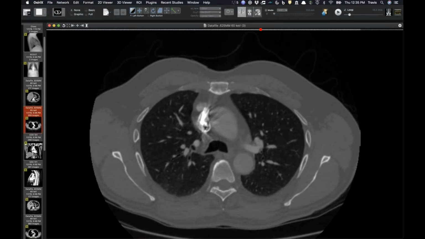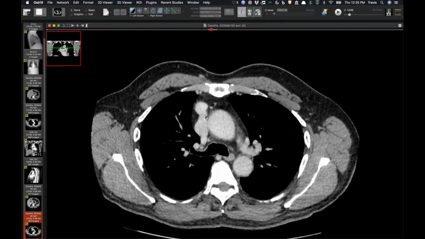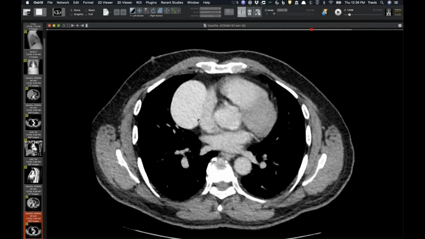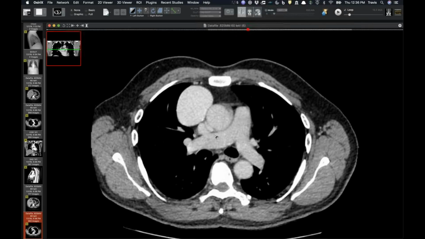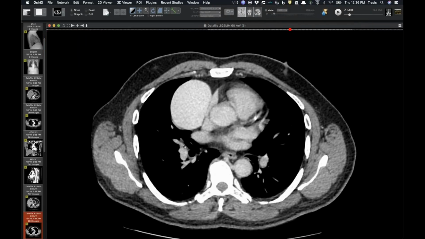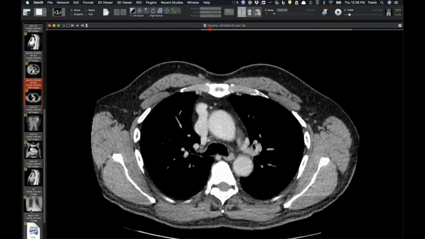And this was an outside study, and they did a delayed phase as well. And you can see there's this huge communication right there with this big vascular structure that's simulating an anterior mediastinal mass. So I'm curious what you guys would call this, because he was transferred with this being billed as a brachiocephalic vein / SVC aneurysm.